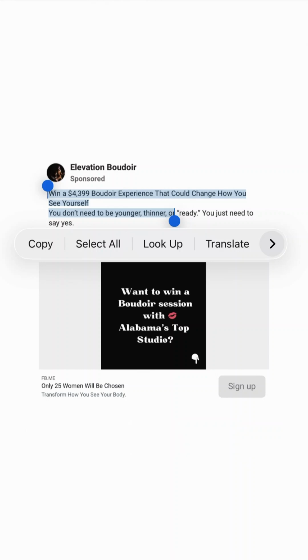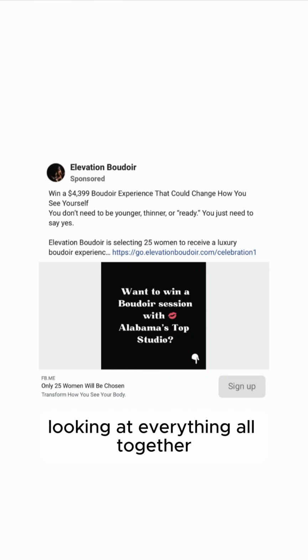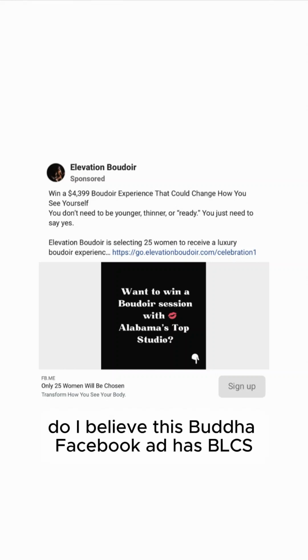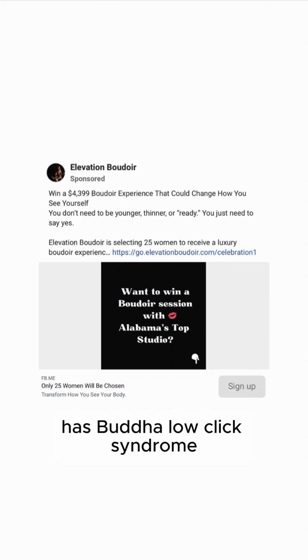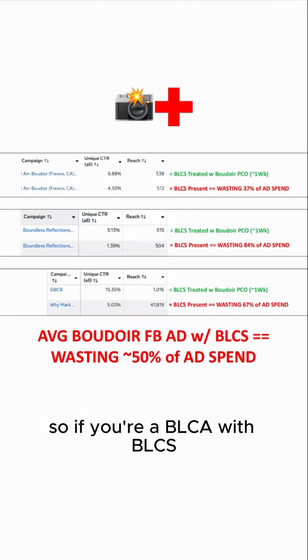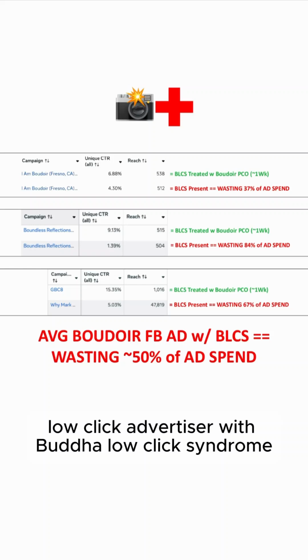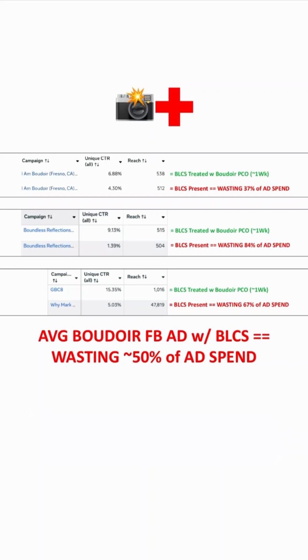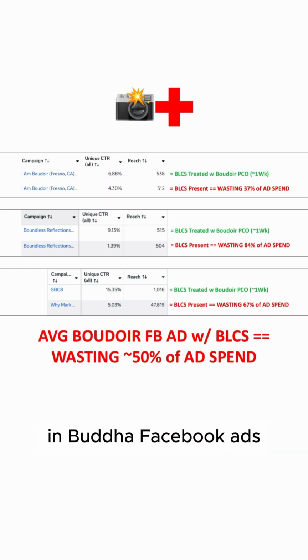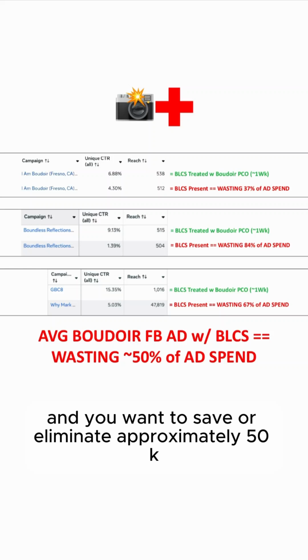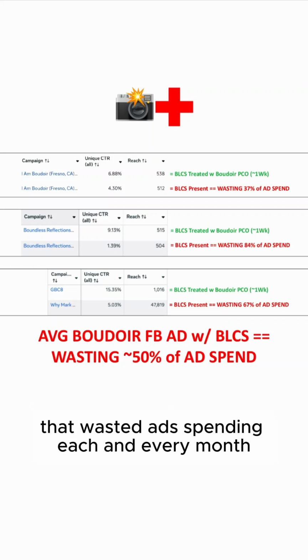Now, looking at everything all together, do I believe this boudoir Facebook ad has BLCS, has a unique CTR under 6%, has boudoir low click syndrome? Yes, I do. So if you're a boudoir low-click advertiser with boudoir low-click syndrome, and your boudoir Facebook ads have a unique CTR under 6%, and you're spending more than 10 grand a month in boudoir Facebook ads, and you want to save or eliminate approximately 50% of that wasted ad spend each and every month, put that back in your pocket.